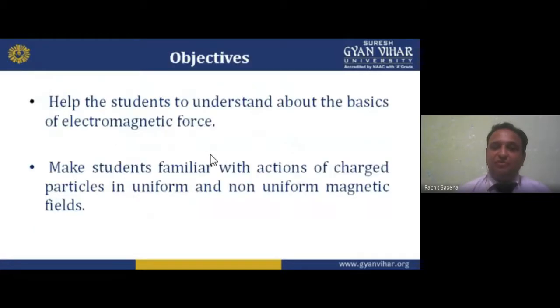Now moving forward, objectives. If you want to run a business, if you want to become an entrepreneur, you do not directly become an Ambani or Adani. You have to do things step by step.